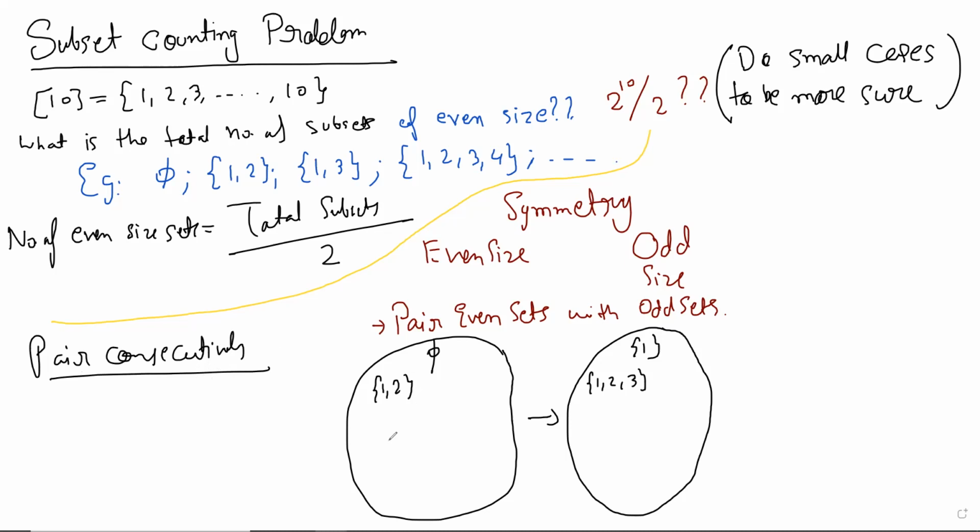Yes, but in what way? What will be the exact rule? Because otherwise, whether it's a pairing or not, we don't know. If something is left over on this side or that side, we won't know. Because the total number of size 2 subsets is not the same as the total number of size 3 subsets. So if I just pair this, it's not clear what the rule is.